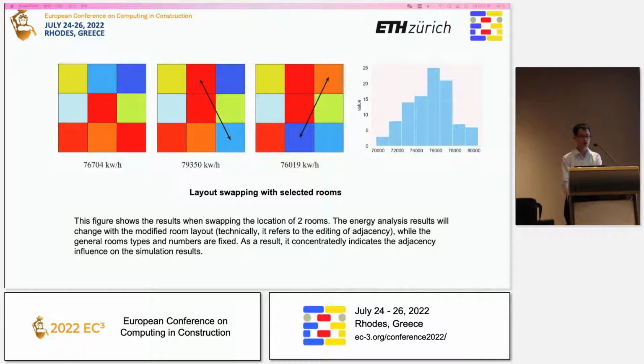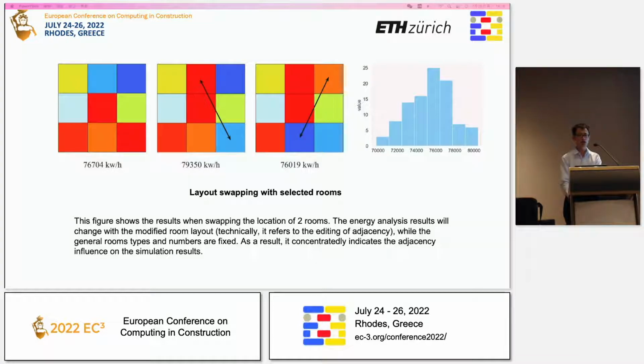And to prove that the room layouts do influence the energy consumption, we did what we call the room swapping test. So for a given design, we randomly swap 2 rooms, but fix the number of rooms and the types of the rooms, and then calculate the energy consumption for each design.